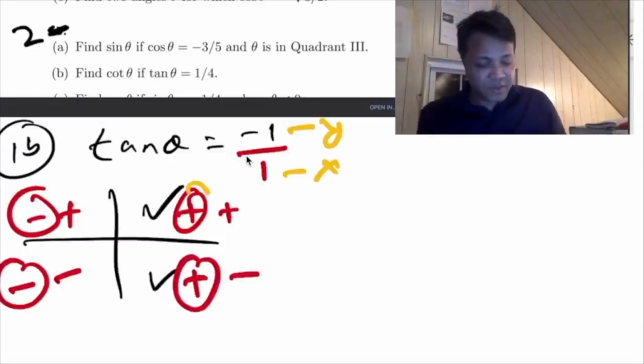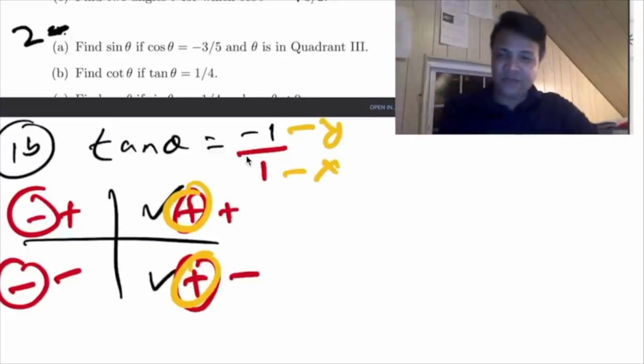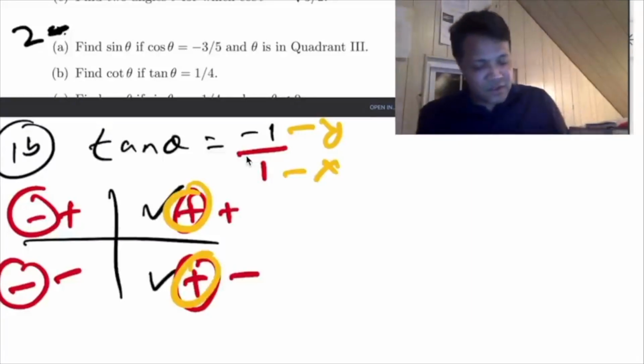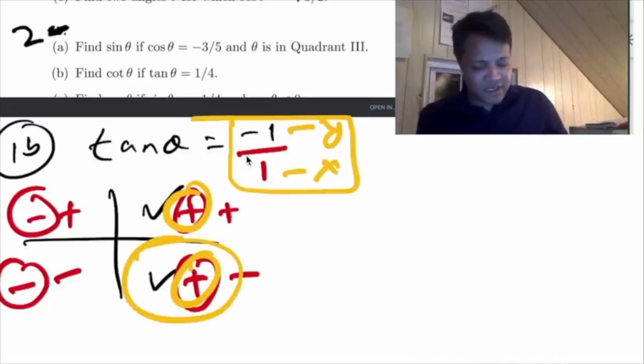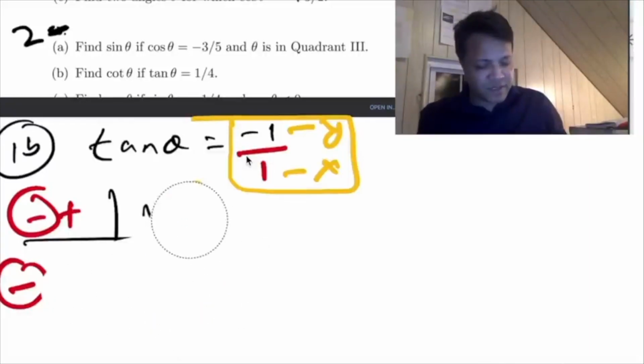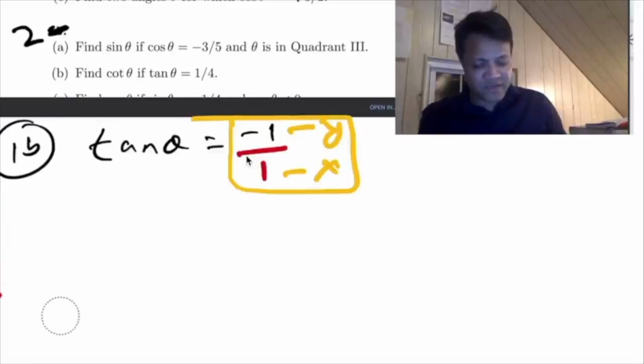So cosine is positive only in the first and fourth quadrants. Now tangent theta is -1, and on the first quadrant tangent is positive. So my only option is quadrant 4. It is not in the first quadrant, it is in the fourth quadrant. We are 100% sure by using this reasoning.